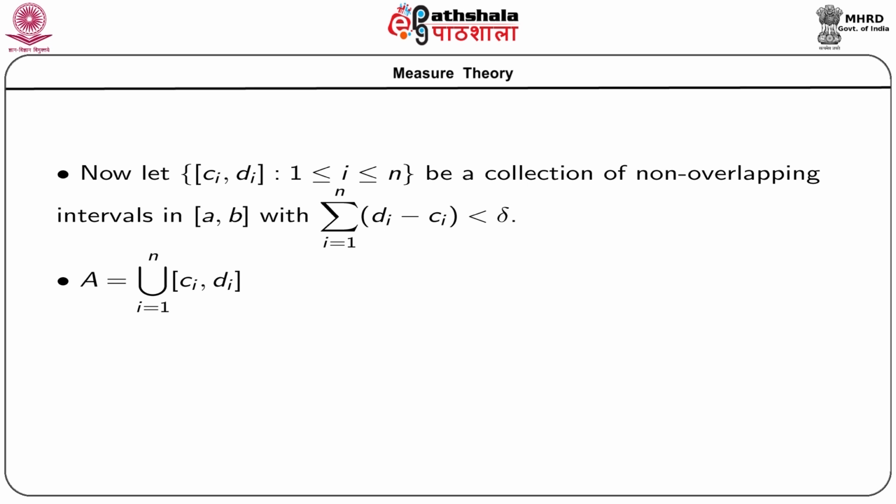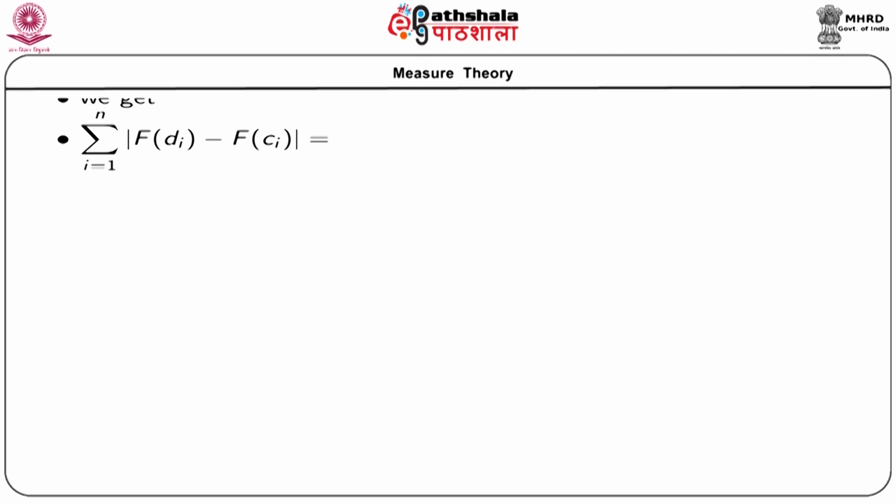Write the union of these intervals as the set capital A. Then we get the sum over i equal to 1 to n of |F(d_i) - F(c_i)|.